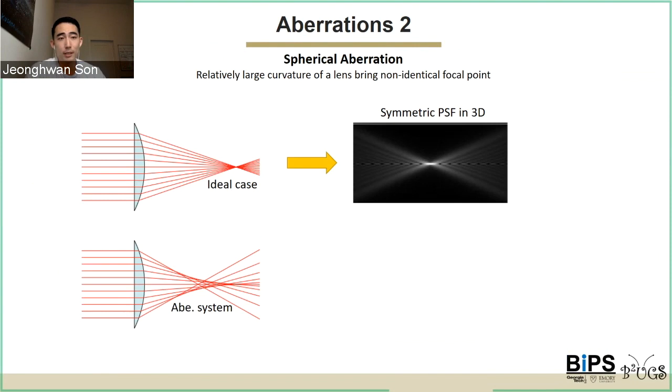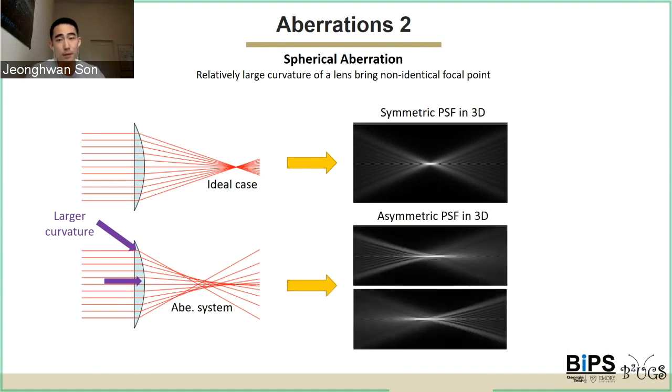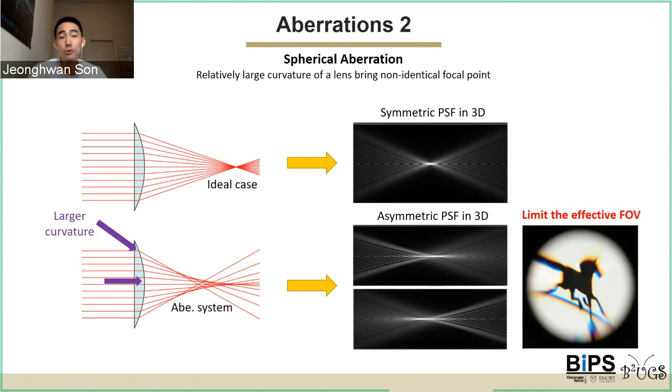But for spherical aberration system, there are large curvature at the side of the lens than compared to the center position. So that light are focused at different position and generate asymmetric point spread function. And also the edges of images get blurred, so that effective field of view decrease.